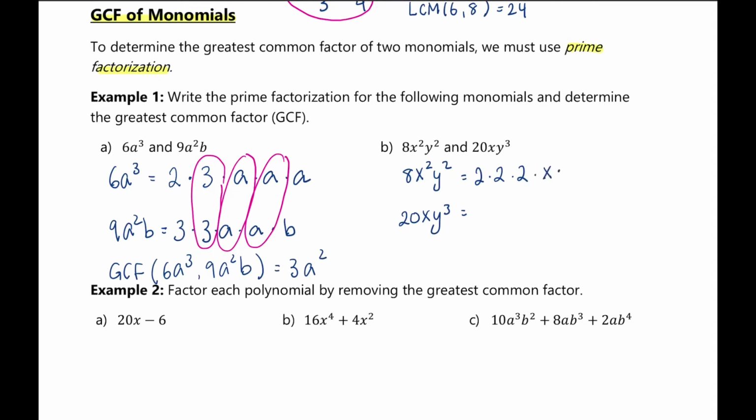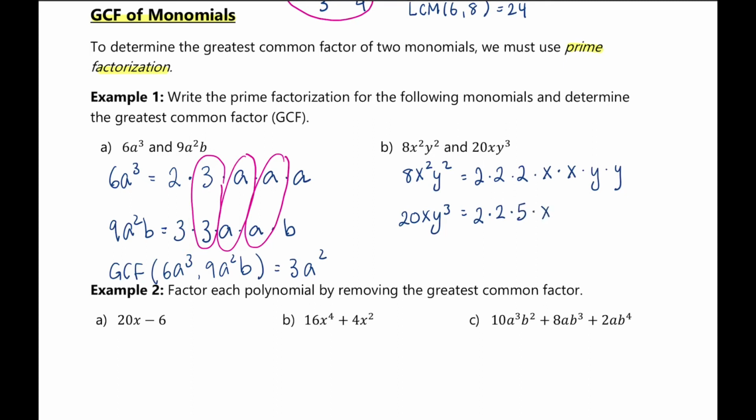Let's list the rest as a multiplication. x times x, and then y times y. For next term, 20 is divisible by 2, and we still have 10, so 10 is divisible by 2 again, and we have 5 left over.